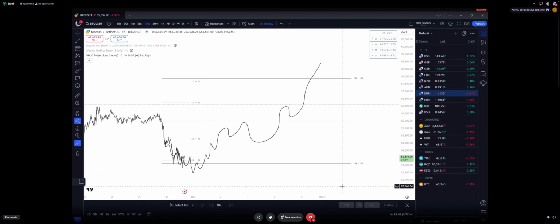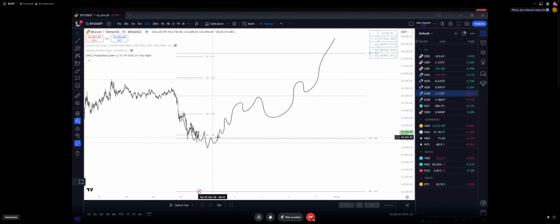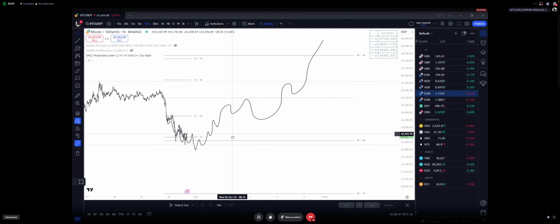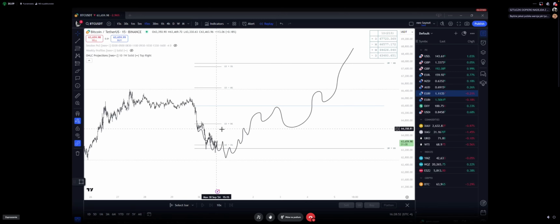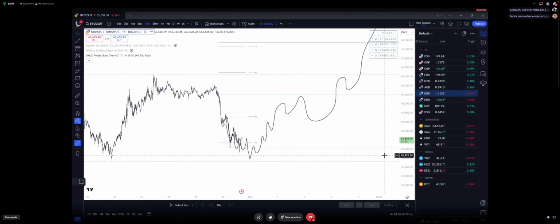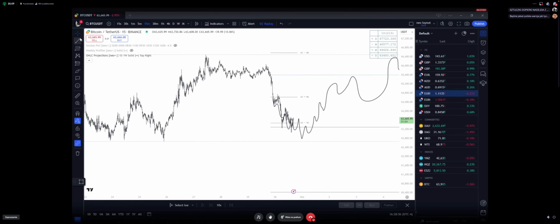See this? I was looking to consider longs from the weekly manipulation level on Bitcoin from about the open. So as you can see, as long as we hold these lows here, I'll still be long.